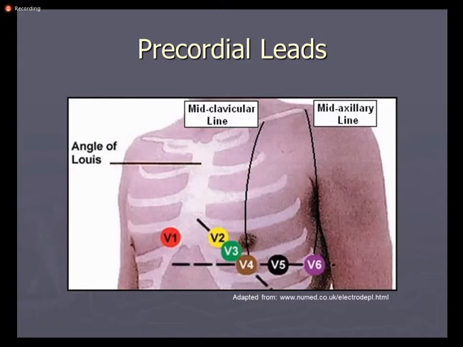V2 on the left side, 4th intercostal space. V4 in the 5th intercostal space, and V3 in between V2 and V4. V5 at the apex, and V6 at the mid axillary line.